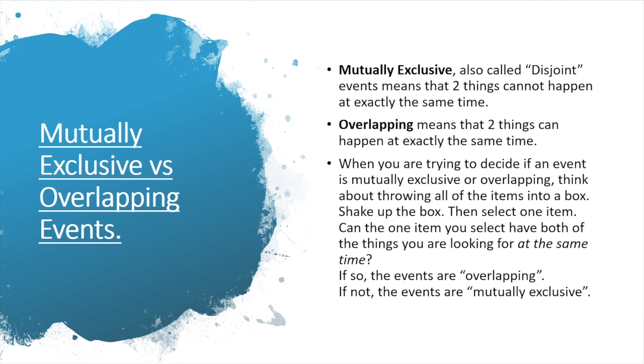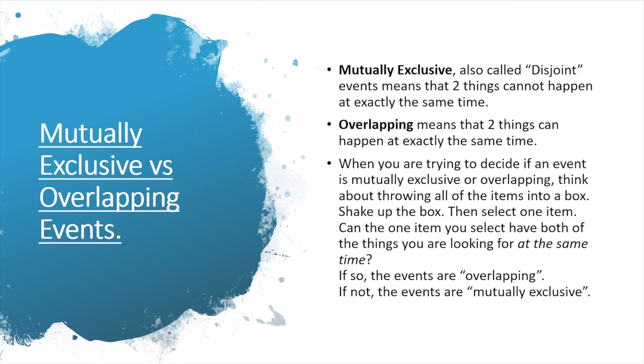So when you're trying to decide if an event or a combination of events is mutually exclusive or overlapping, the way I tell my students to handle these problems is to take all the objects, whatever it is, even if it's students, which shows up a lot in problems, take all the students, throw them into a box, shake up the box. Then you're going to select one student out of the box, or one item, whatever it is you're looking for.